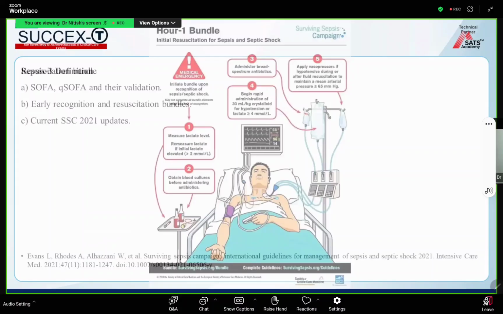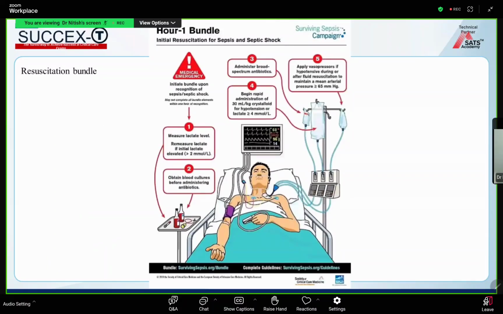Then take cultures and administer an antibiotic, which is recommended to be within an hour. Fluids are indicated when lactate is more than 4. If the patient persists to be hypotensive despite the fluid resuscitation, we start the patient on pressors, the most common being noradrenaline followed by vasopressin.